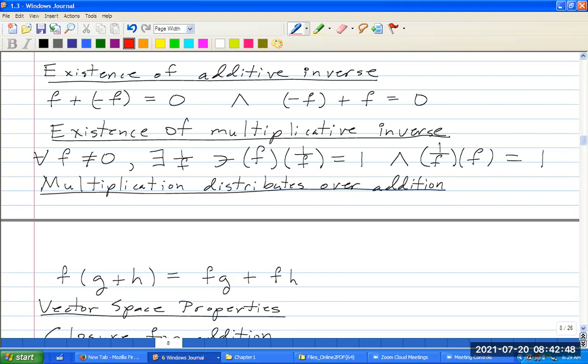And so 1 over f is a right multiplicative inverse. Since multiplication is commutative, it is also a left multiplicative inverse. Therefore, we call this just a multiplicative inverse of the function f.